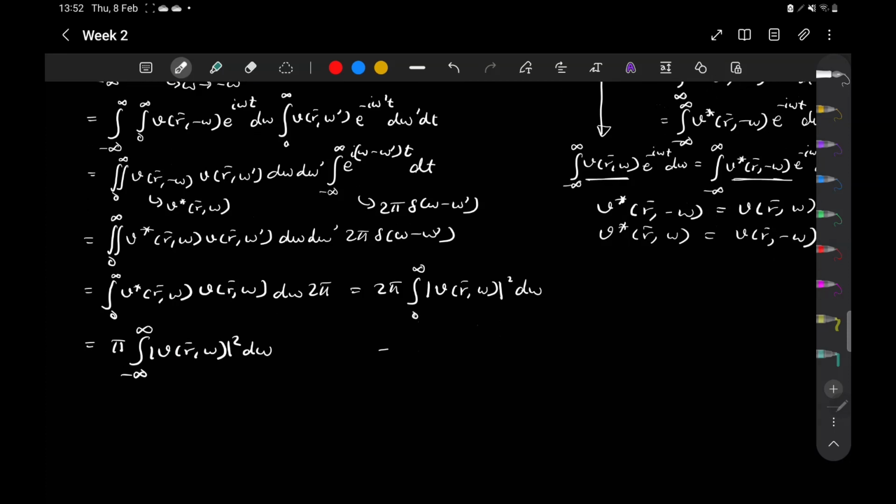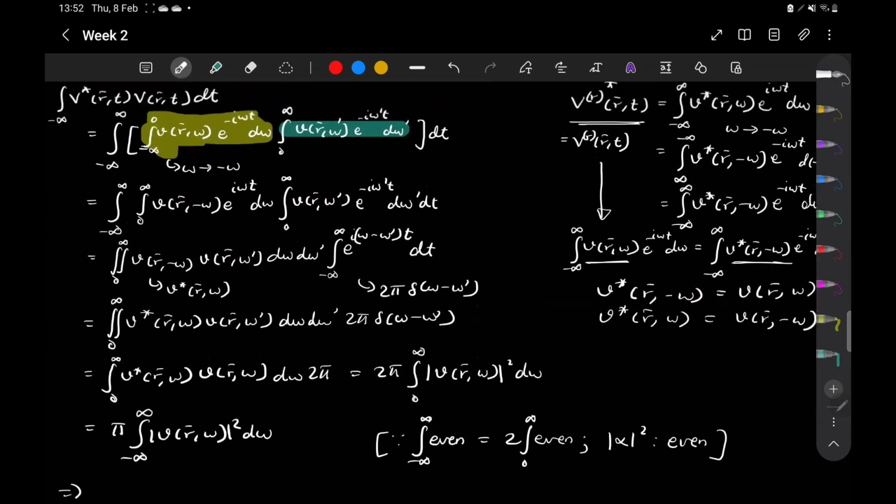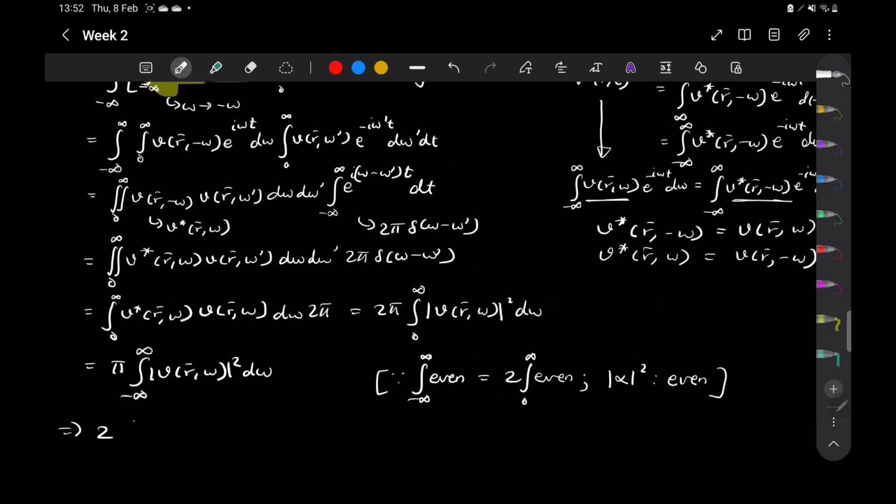Why we get this is because we know that the integral of an even function from minus infinity to infinity is 2 times the integral from 0 to infinity. And definitely mod squared is an even function. So from this we get this, and that means if we multiply 2 to both the sides, we have 2.